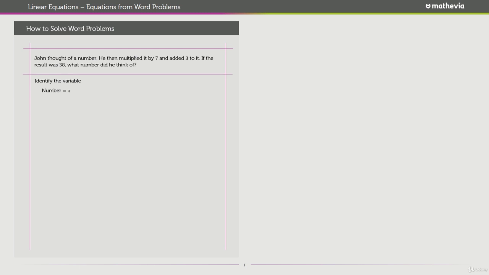Okay, and I have my number as x, and then the next thing you'd want to do is define the various parameters and their relationships. Okay, so basically we've identified a variable, and looking through the word problem, we want to find out exactly what happens to our variable.